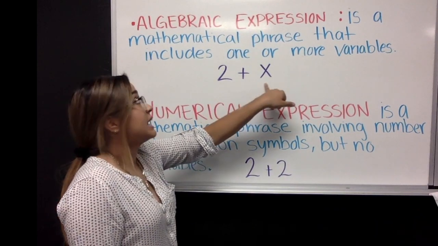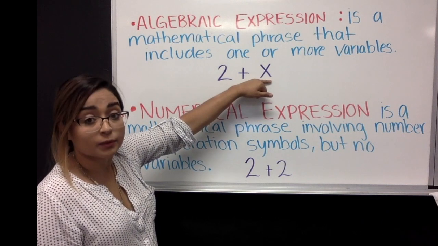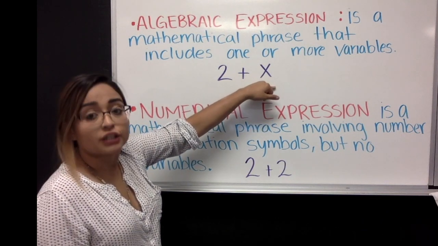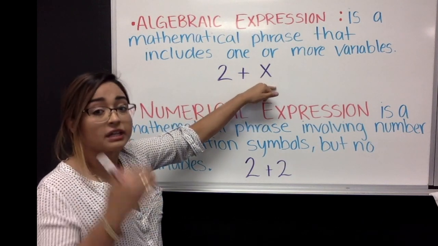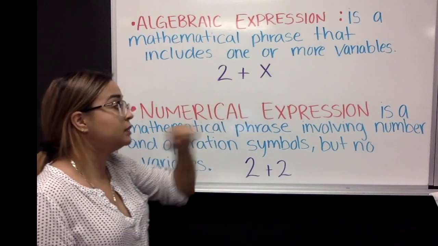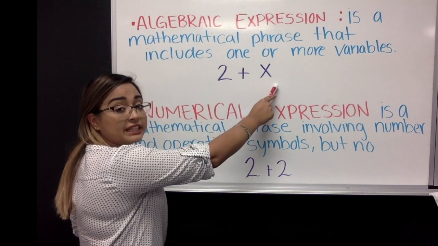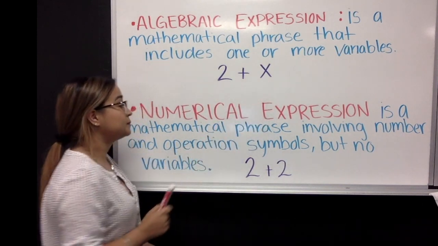This is called an algebraic expression because it has a variable. We already discussed that the letters represent a number that can vary, so we don't know exactly what it is, therefore it's called a variable. So, this is called an algebraic expression.